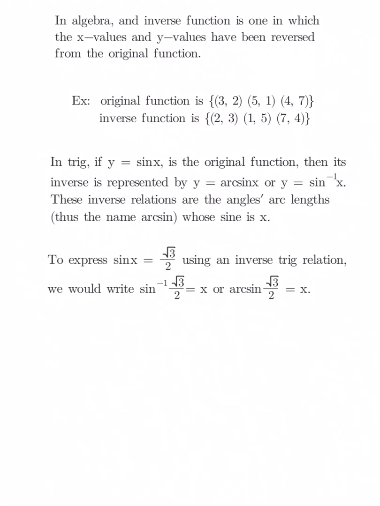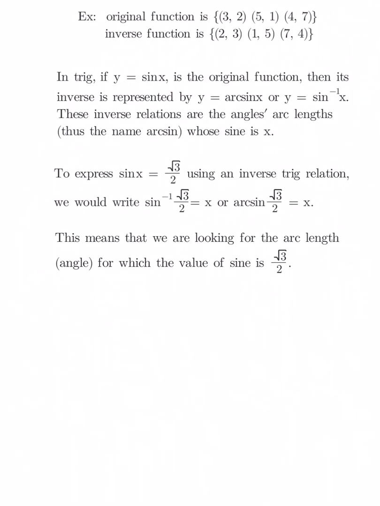Those both are asking the same thing. This notation means that we are looking for the arc length, or the angle, for which the value of the sine, the y value, is the square root of 3 over 2.